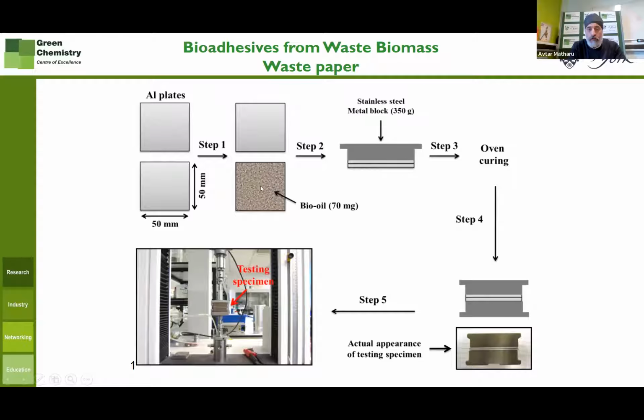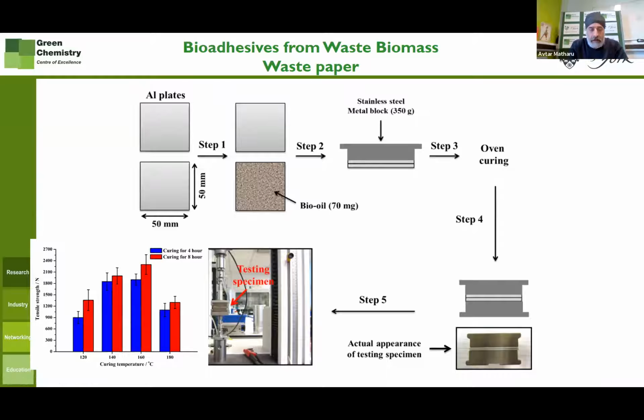We've put a drop of the oil that's come from the pyrolysis of waste paper. Okay, and then we've sealed the 2 plates together. We've cured the plates, and the 2 plates are now being held within the jaws of an Instron machine. They're going to try and pull the 2 plates apart.